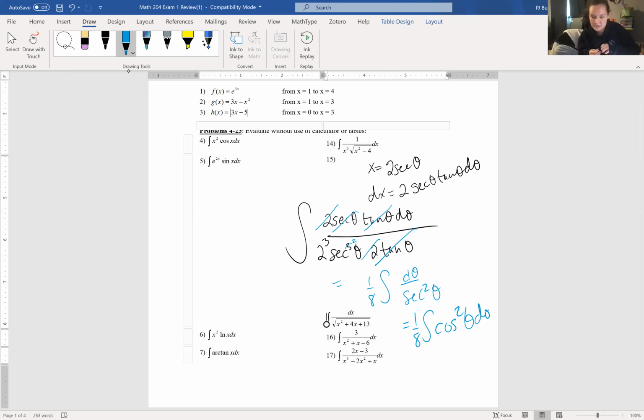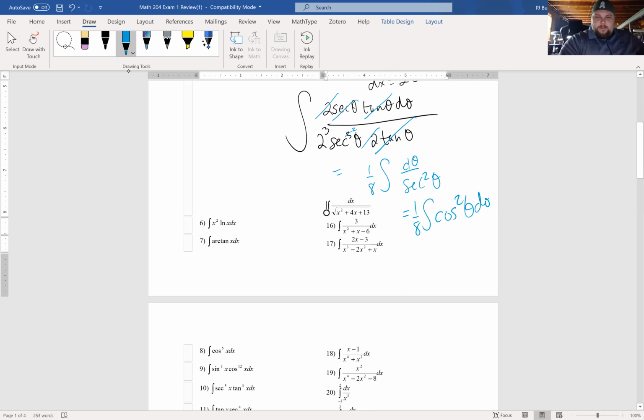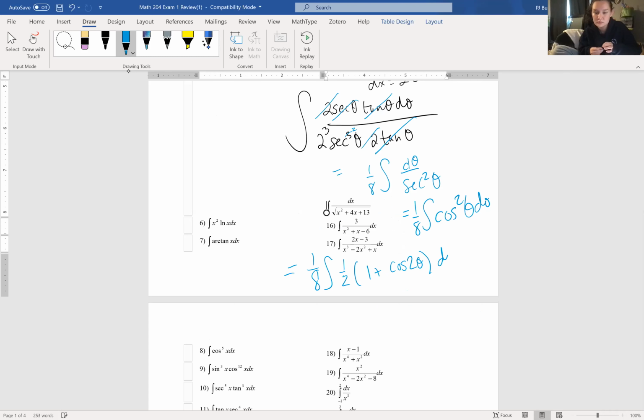Yep, that makes sense. And then we should know that we can replace that with our power reducing formula. And we've done that integral quite a bit of times.